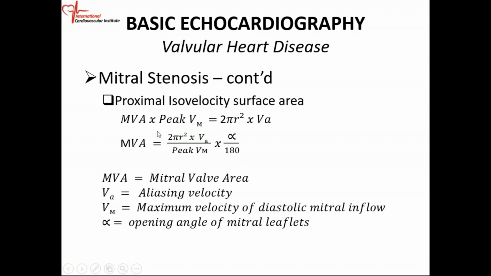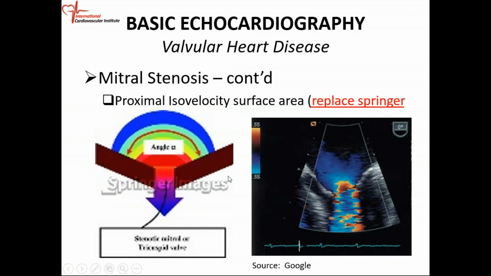The flow across the mitral valve is the flow at PISA. So if you have mitral stenosis, the flow across the mitral valve is going to equal the flow at PISA. The continuity equation tells us that, okay.